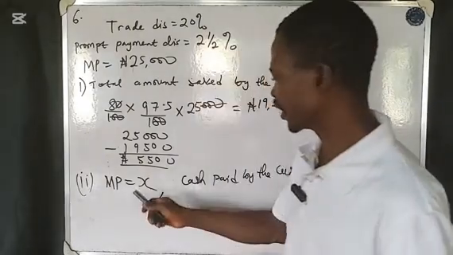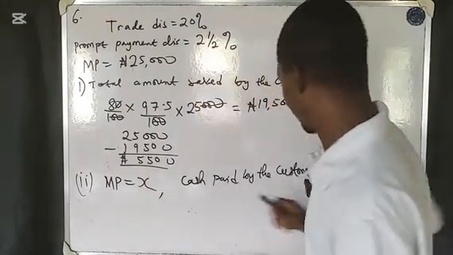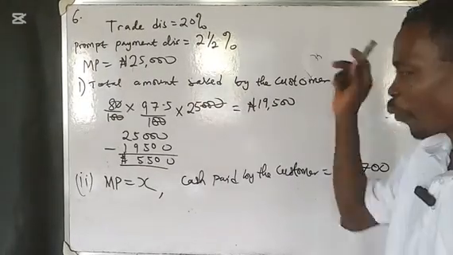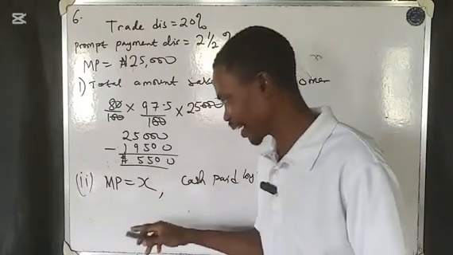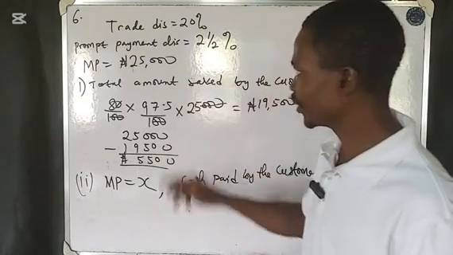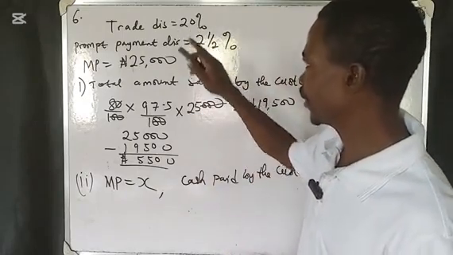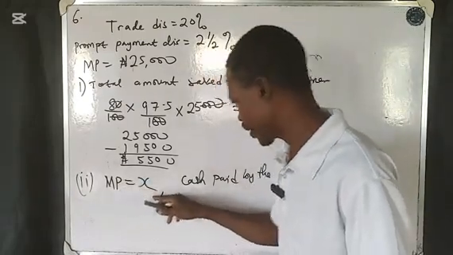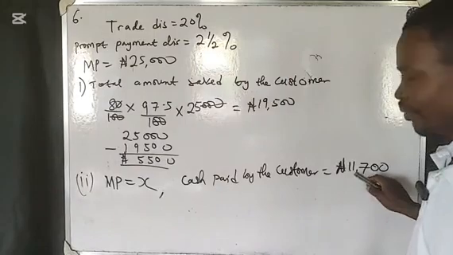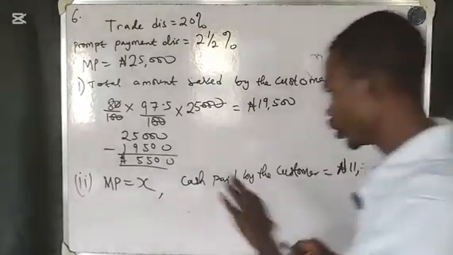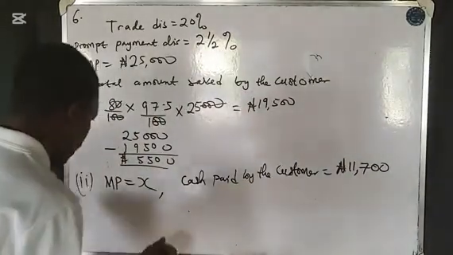So when we reduce this amount twice, that is when it will equal the cash paid by the customer. When we reduce this marked price called S, we are going to reduce it 2 times, by 20% and by 2.5%. By the time we reduce it 2 times, it will give us this value that we were given from the beginning. So let's reduce it now.